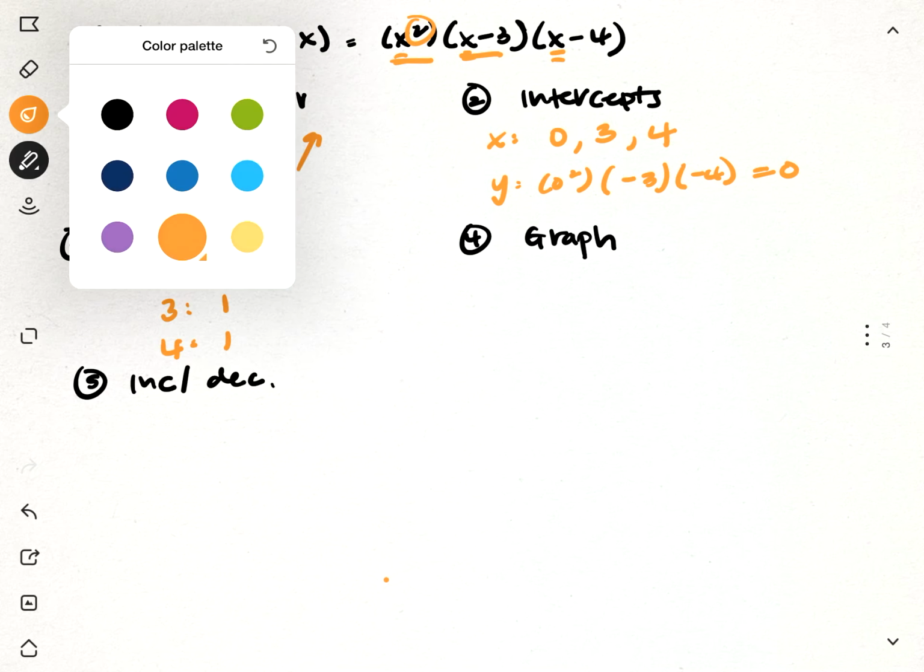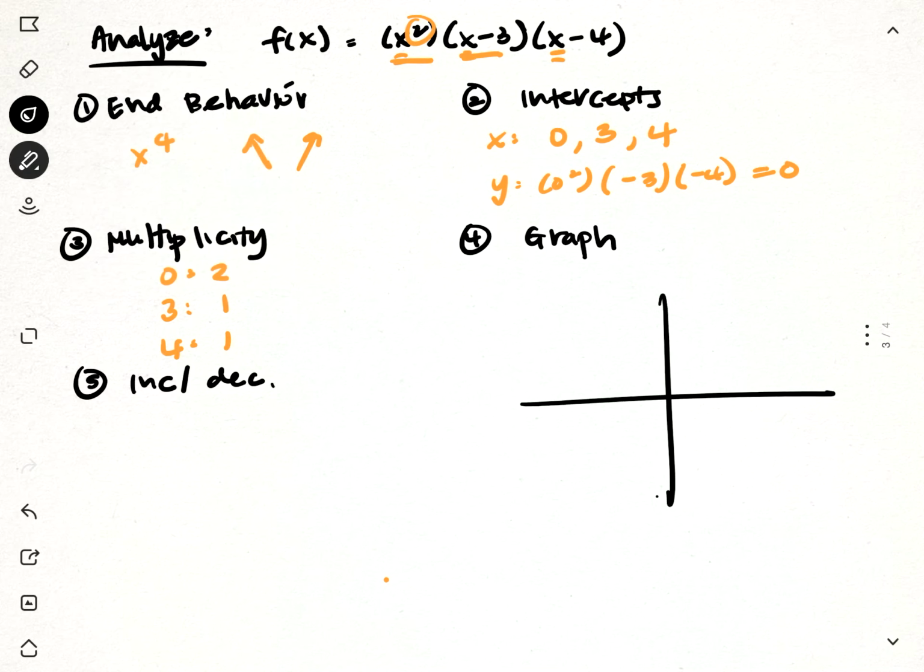So if we're going to rough sketch this graph, let's go ahead and draw out our graph. Just do a rough sketch here. Well, our y-intercept is 0, which is good because our x-intercept there is 0 as well. And then we have one at 3 and one at 4. Okay, our end behavior. So let's do this in another color. Our end behavior on the outside of these last two points, it's going to look like this and this, right?